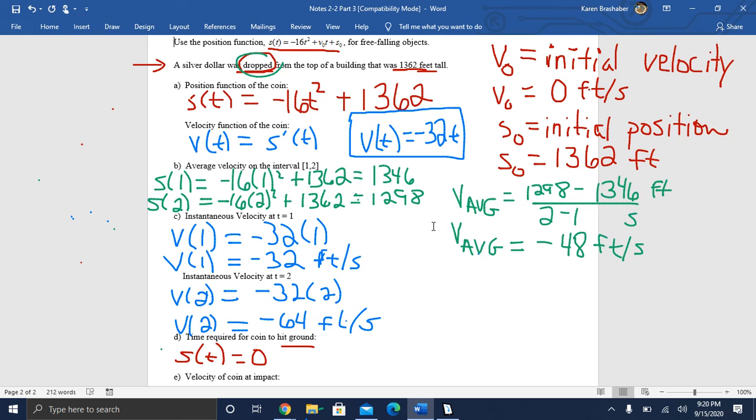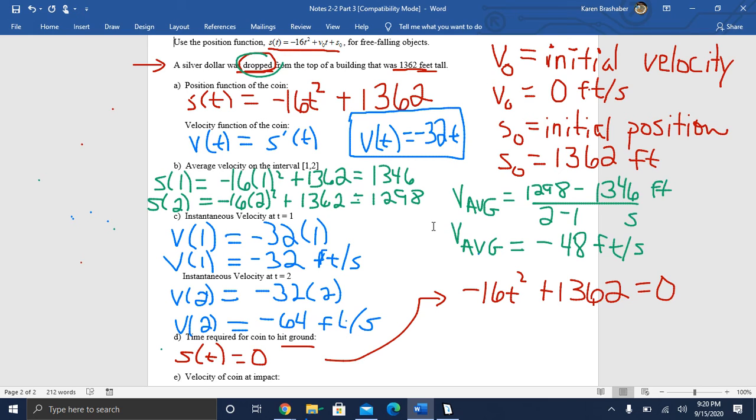So S of t, I think I'll do that work over in here. Negative 16t squared plus 1,362 equals 0. You have many tools at your disposal to solve this type of problem. You could do the quadratic formula. I think it looks pretty natural to get the t squared by itself.